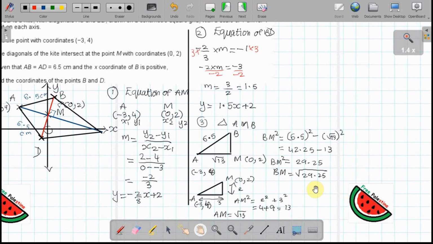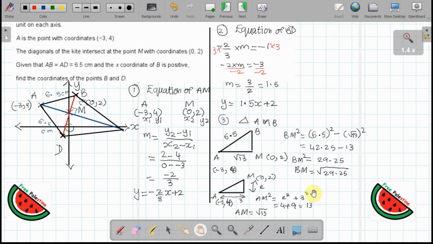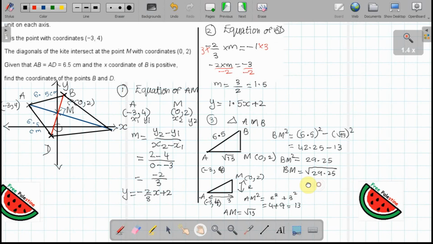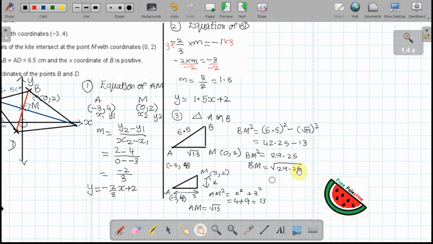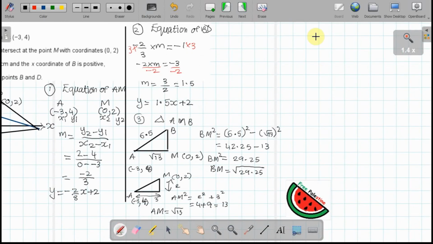Now at this point, I am going to try and find out the coordinates of B. In order to do this, I'm going to create a third triangle. Let's do number 4 here. Again, these are not to scale.